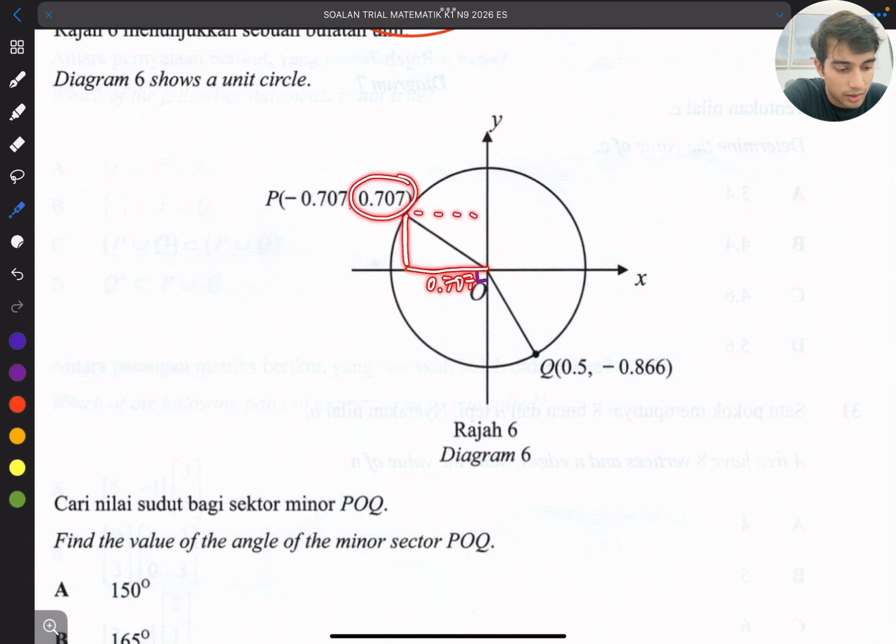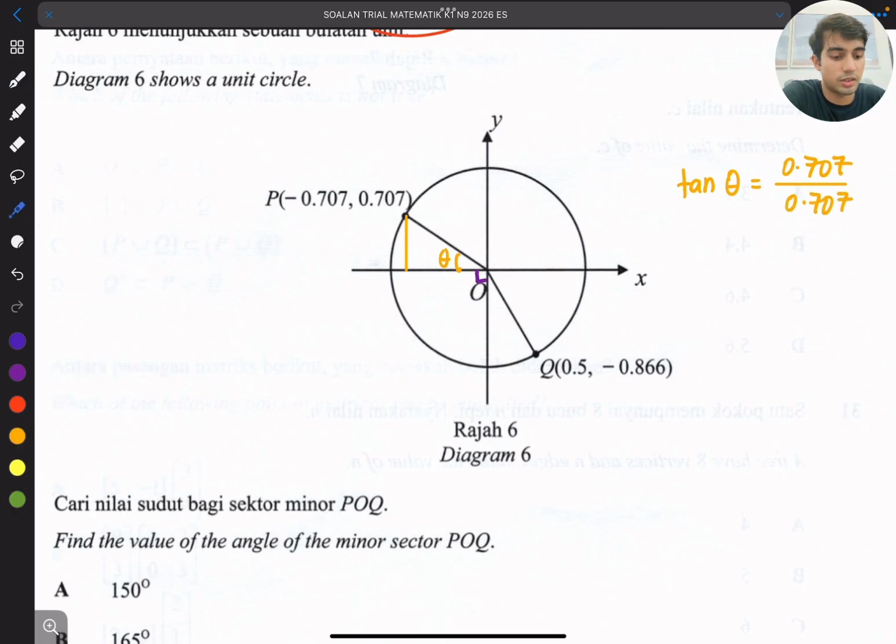So this length is also 0.707. To find this angle, we can use opposite over adjacent, tangent. Don't take negatives here because we are just using the length. Length got no negative.